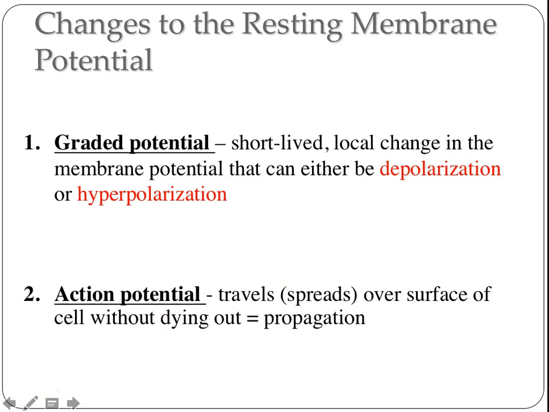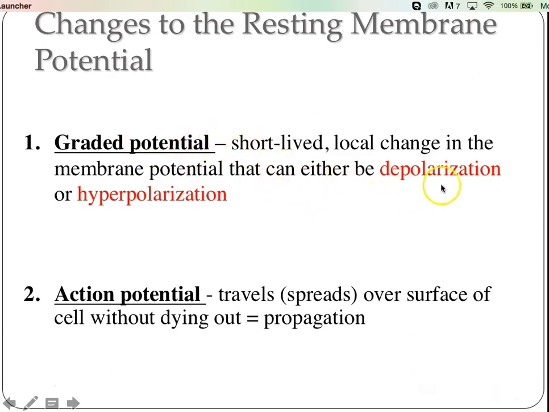What we had talked about, that stimulus coming in, was a graded potential. Basically what that meant was some stimulus coming in is changing that membrane potential from that negative 70, and hopefully once it gets up to negative 55 millivolts, those sodium channels are going to open. So we call that depolarization.